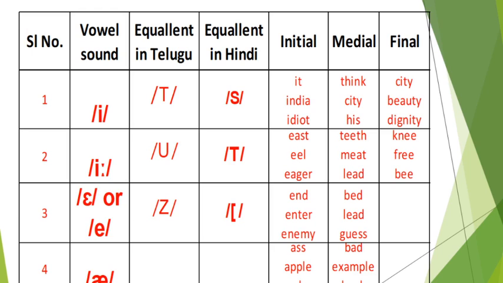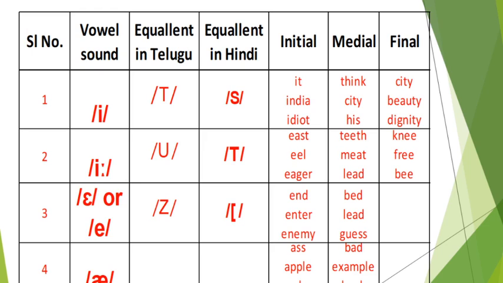And finally city. Now if you see the example city, the sound is happening medially and finally. City, beauty, dignity. And if you see the word dignity, the sound is happening medially twice, and it is also happening finally. Dignity.